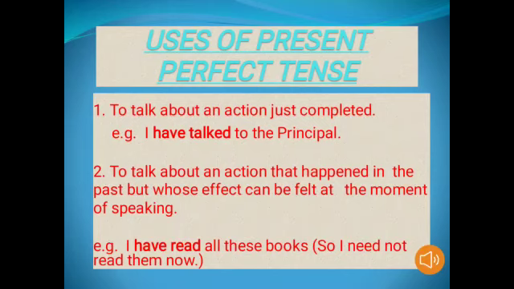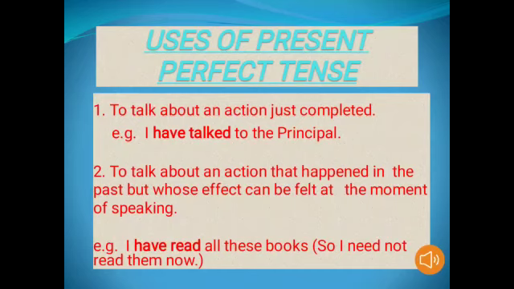And now look at the uses of present perfect tense. Number 1. Present perfect tense is used to talk about an action just completed. For example, I have talked to the principal, means the action has just completed.